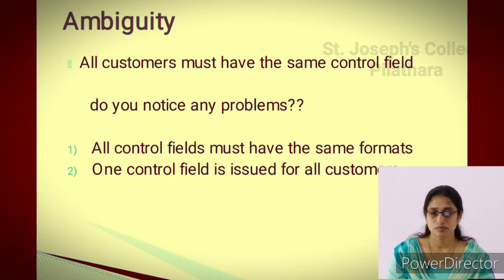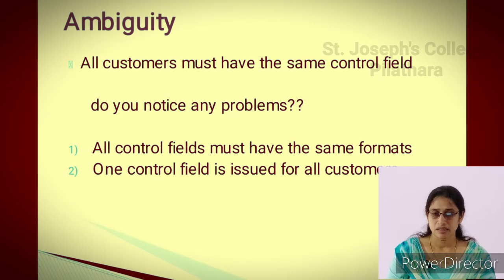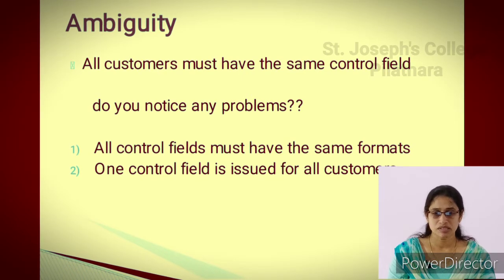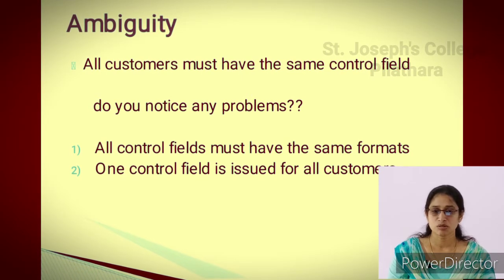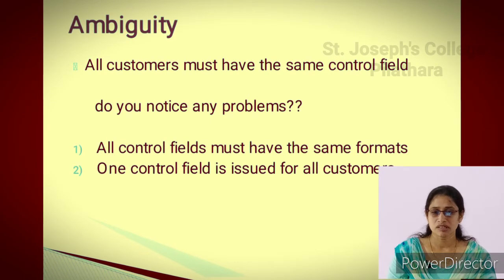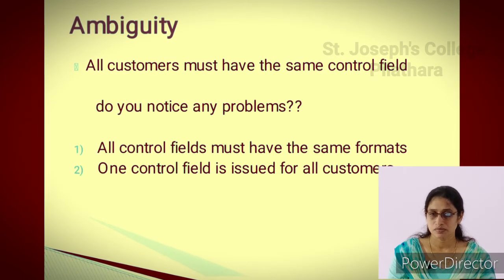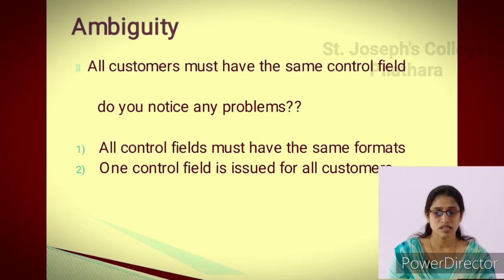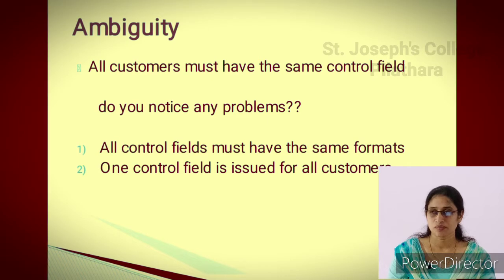What are the problems here? The problem is that different interpretations are possible. All customers have the same control field. Does it mean that one control field is shared with multiple customers, and if one customer changes it, other customers are affected and so on?